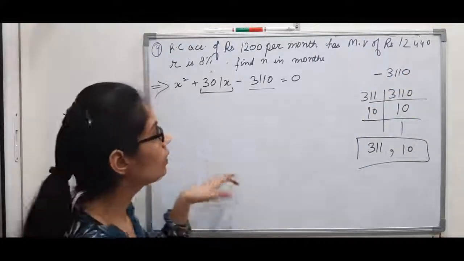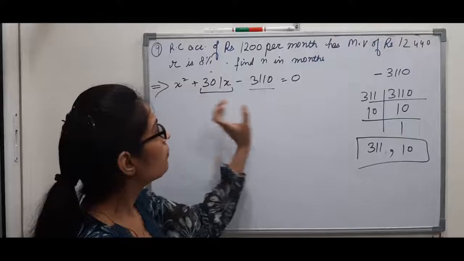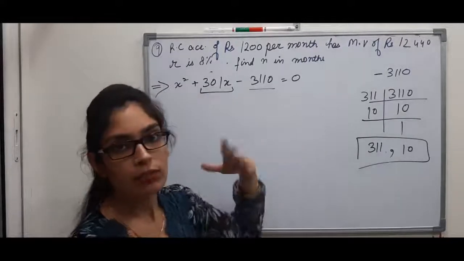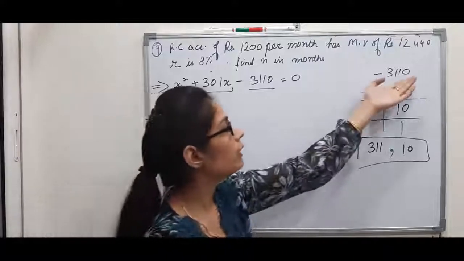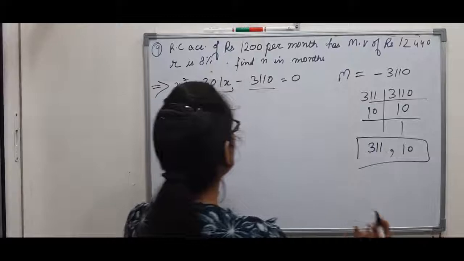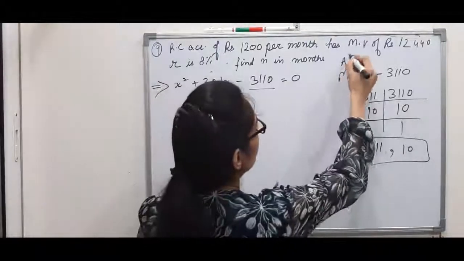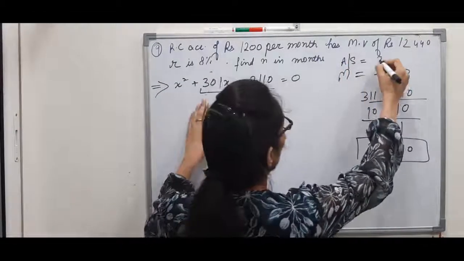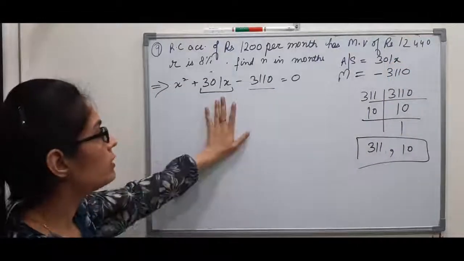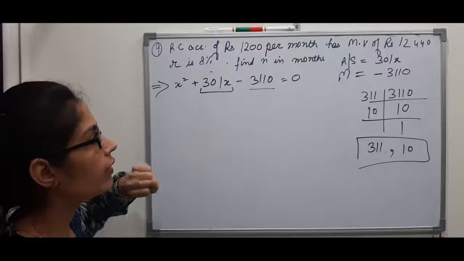Now I have to split the middle term in such a way that the multiplication of these two numbers should be equal to this term, and the addition or subtraction should be equal to 301x. We have already done this in factorization of quadratic equations.